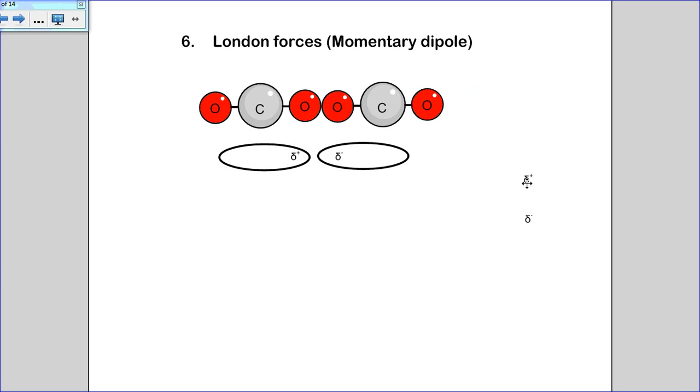As a result, we have a momentary dipole forming, an induced dipole force, and for a short while we get extremely weak intermolecular forces that are formed, and those are called London forces.